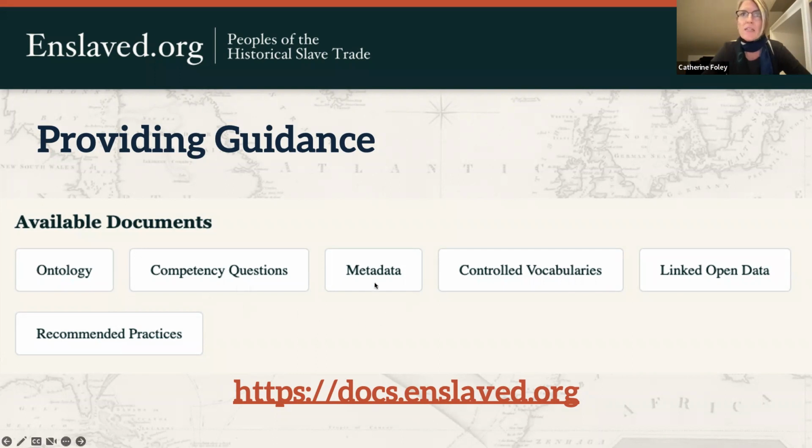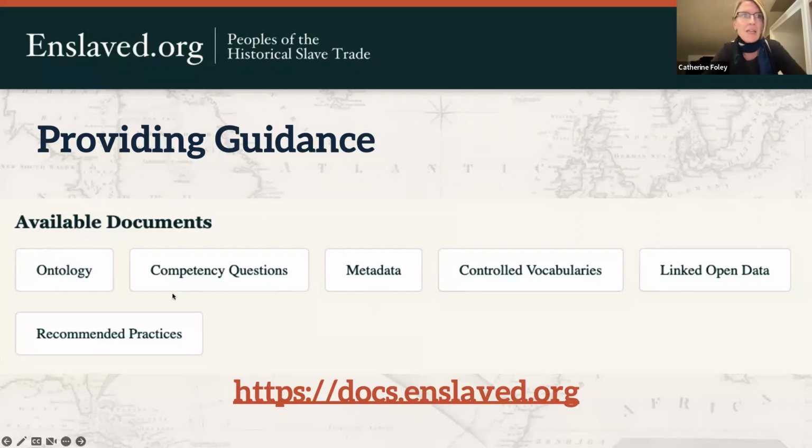We also provide links to the metadata fields that we use to describe the four elements of a place, an event, a person, and a source, and then controlled vocabulary is used to provide some standardization within several of the fields within the data model.